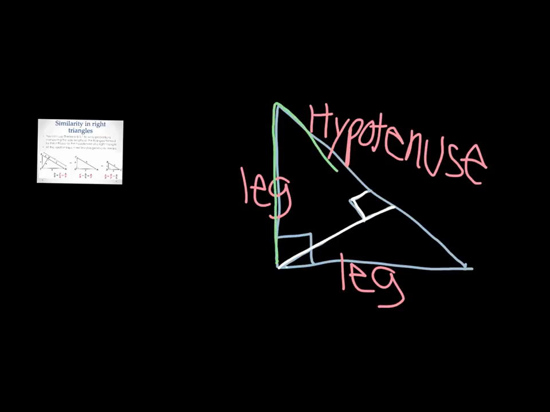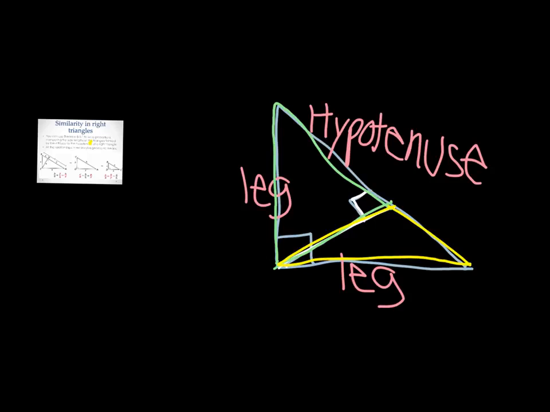This formed a new triangle, and right here formed a new triangle, as you can see. So what does that mean? That means there are now three triangles.